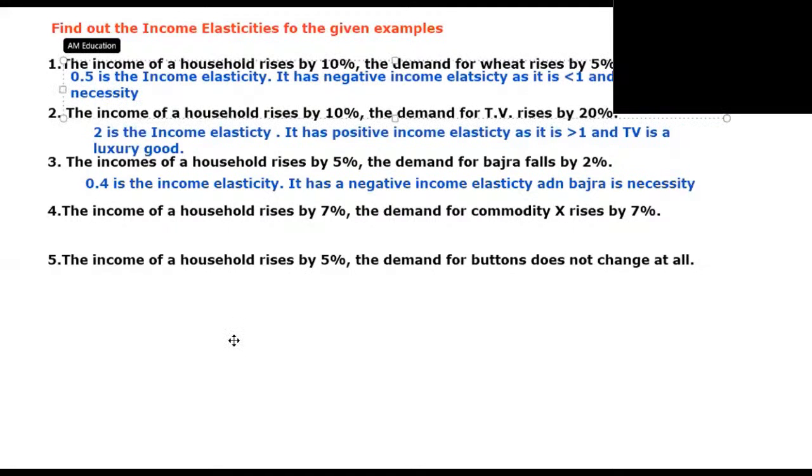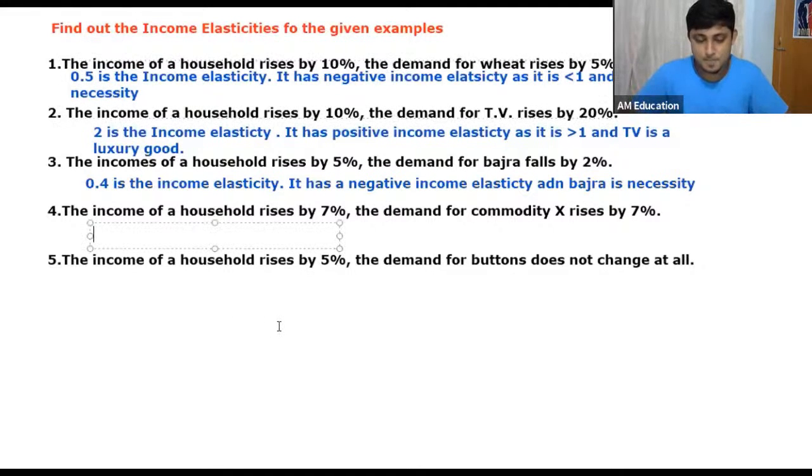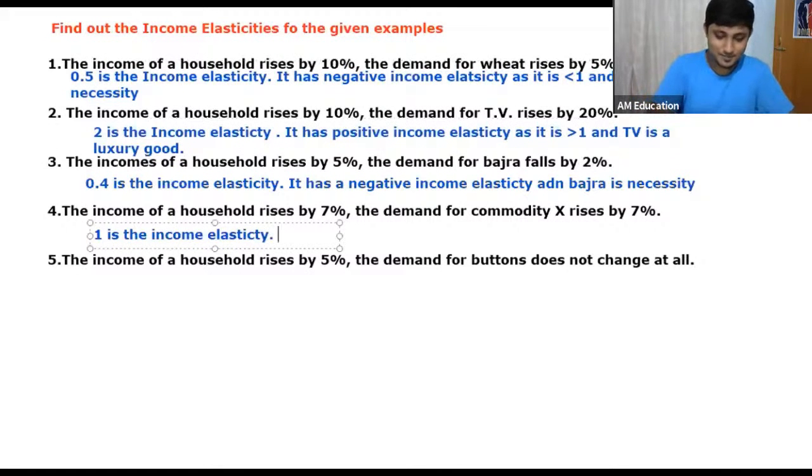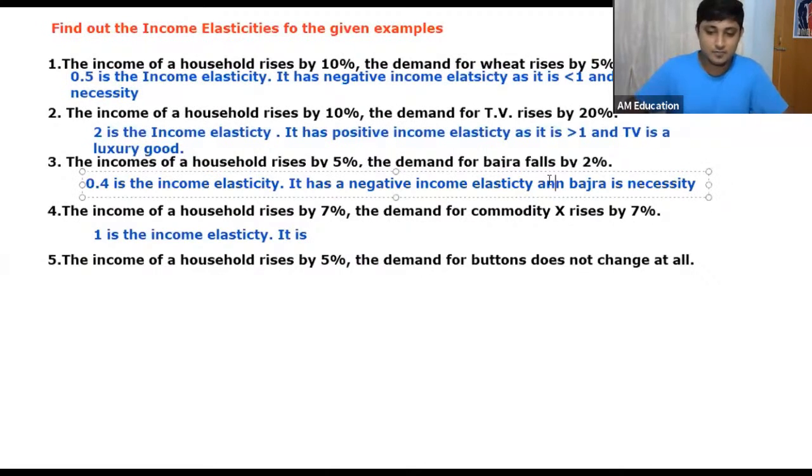And what was the fourth one? One is the income elasticity, and what kind of good is it? The proportion remains the same. When does the proportion remain the same? Did he give any name for that?